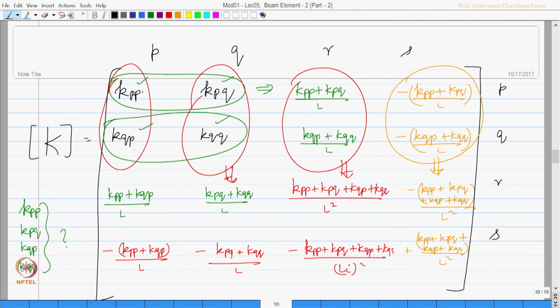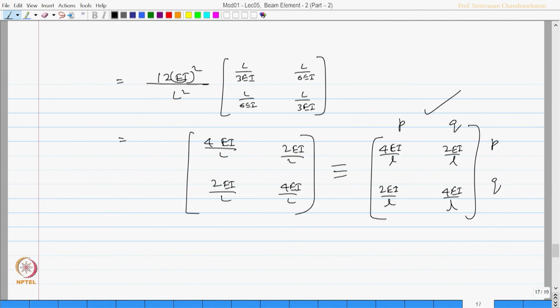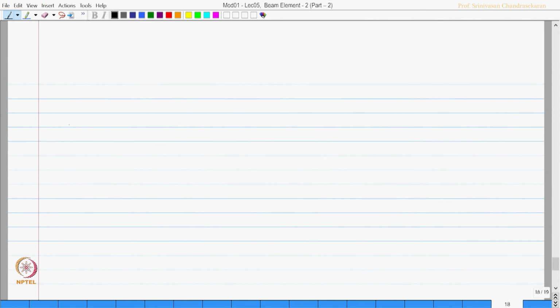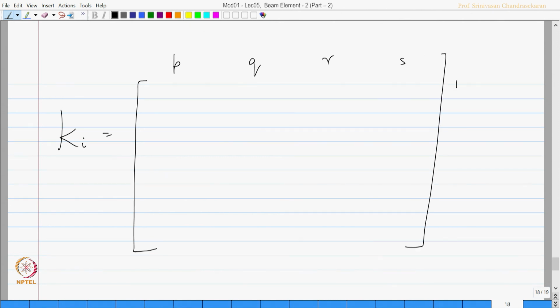So, if I know these 4, remaining all can be computed. Now, I am writing the full matrix, which is very easy to remember. I am writing the full matrix of the ith member, which is P, Q, R, S.